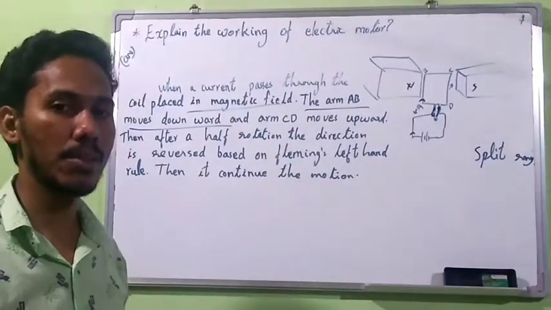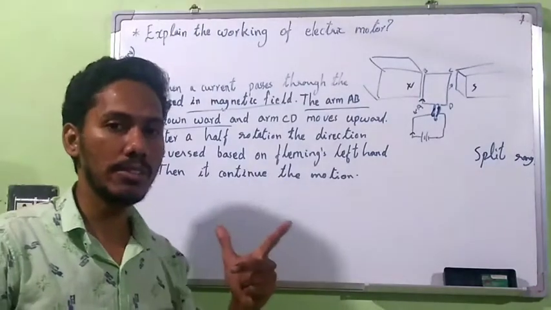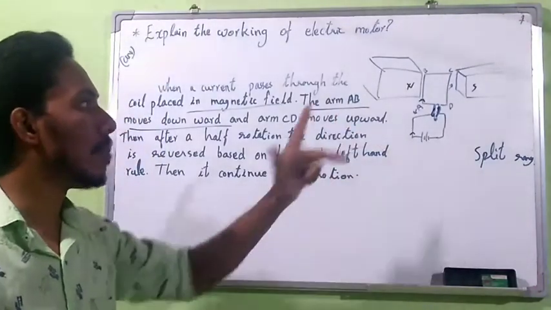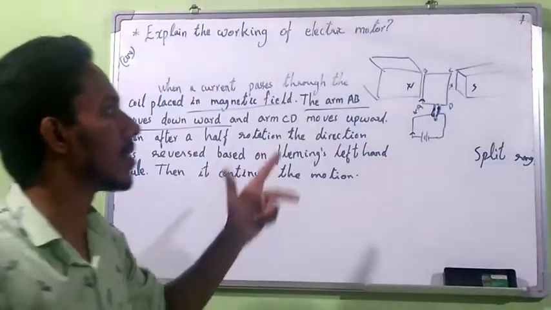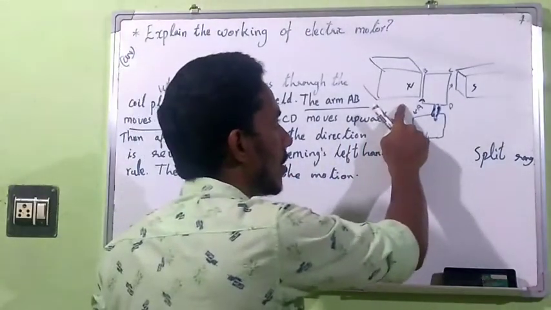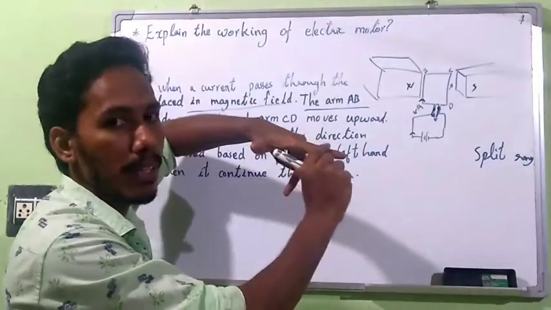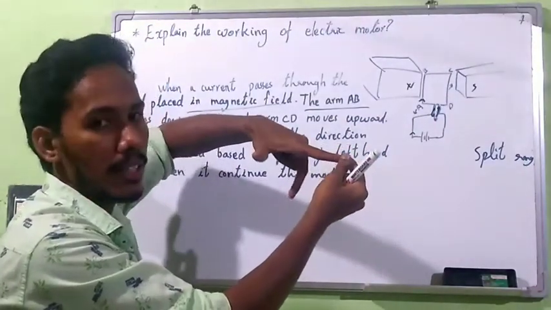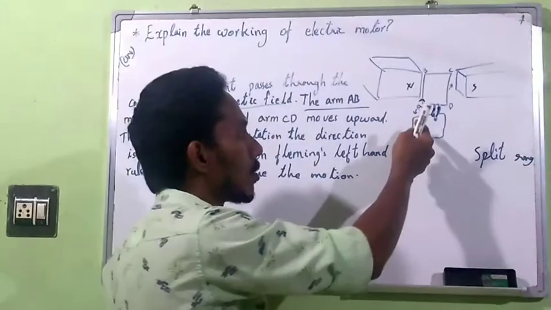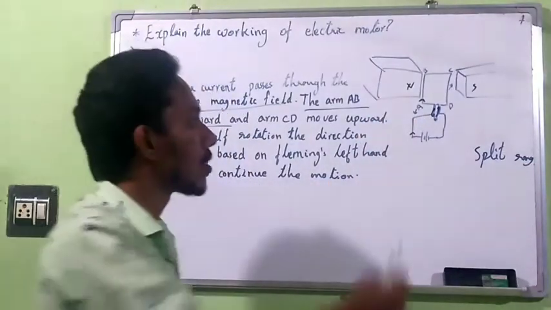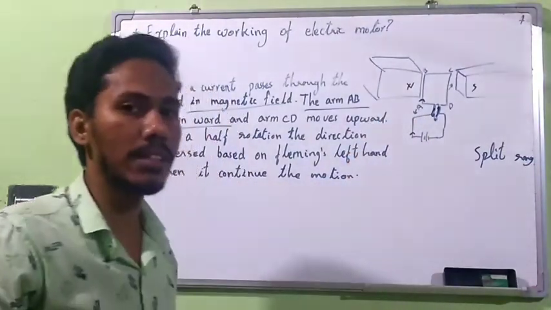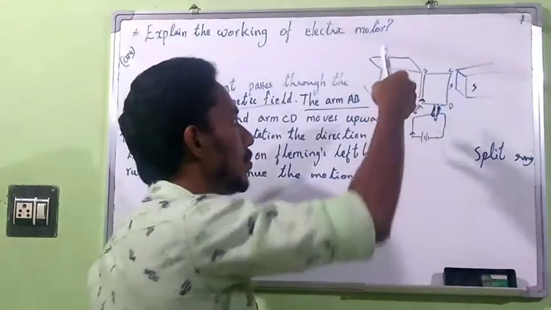What is the left hand rule? Stretch these three fingers and align the forefinger with the magnetic field. What is the direction of the magnetic field? It is from north to south. So place the forefinger in this direction. Then what is the direction of current? It is a three-dimensional figure, so the current is inward to the board.